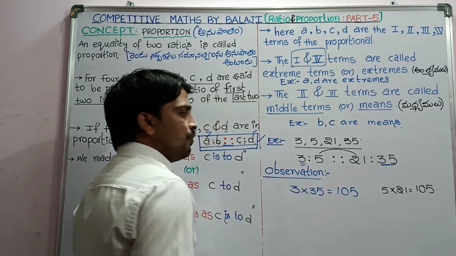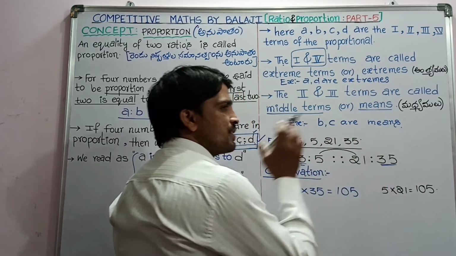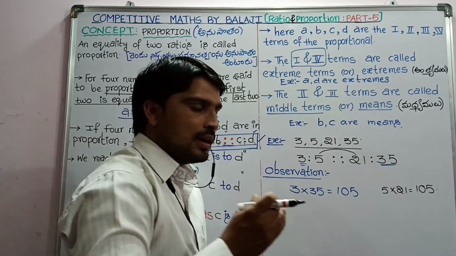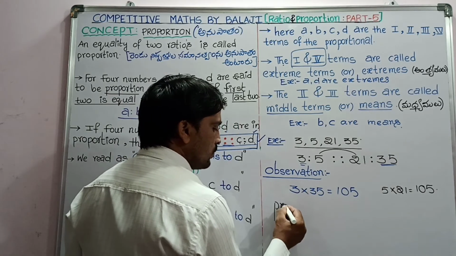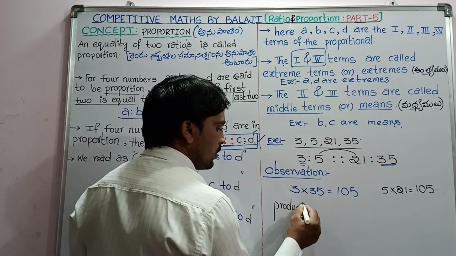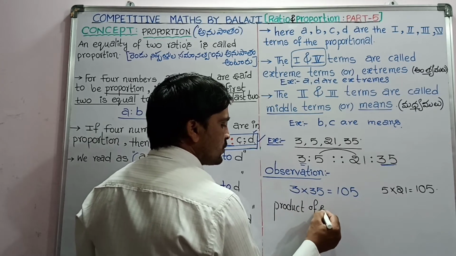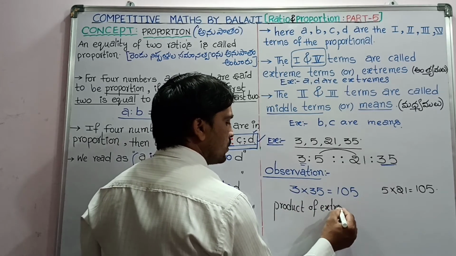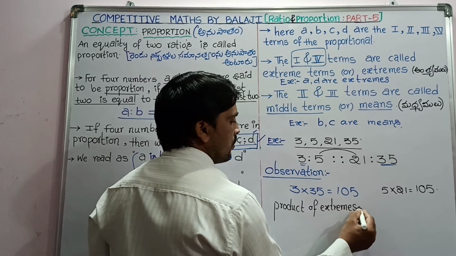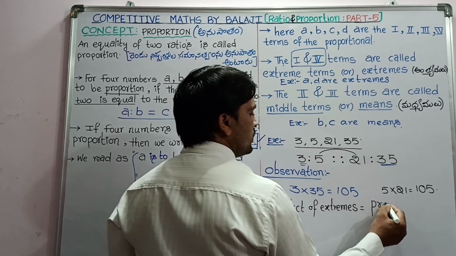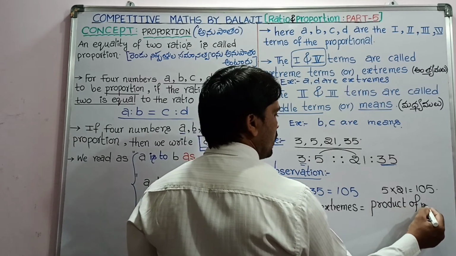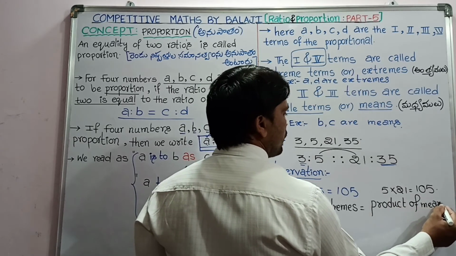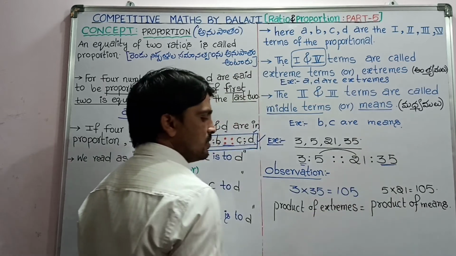Thus, if the 4 numbers are in proportion, then we can say that the product of extremes equals the product of means.